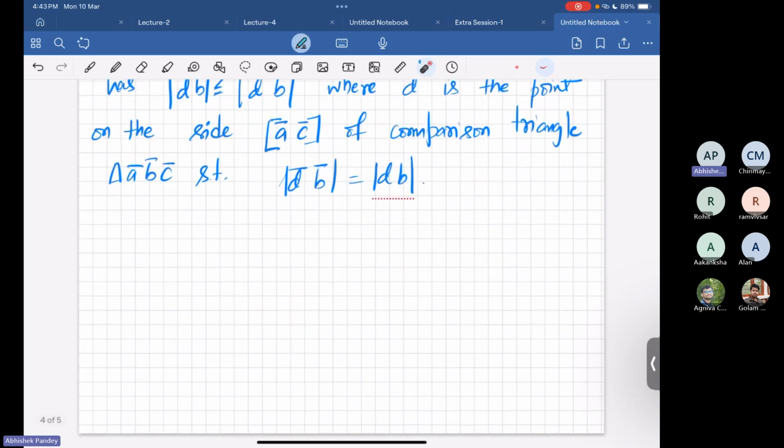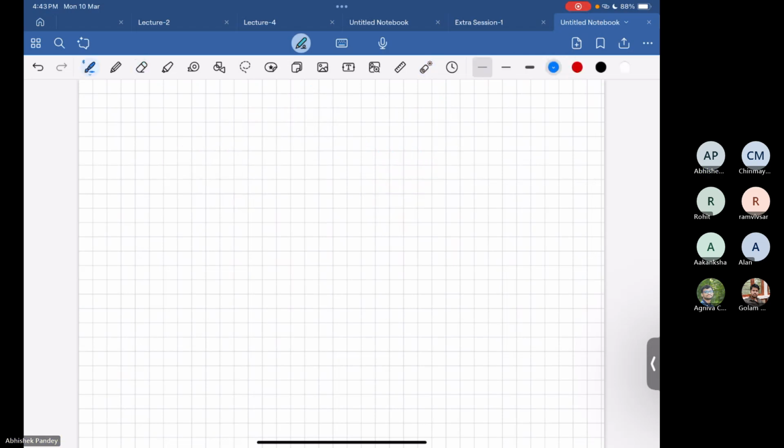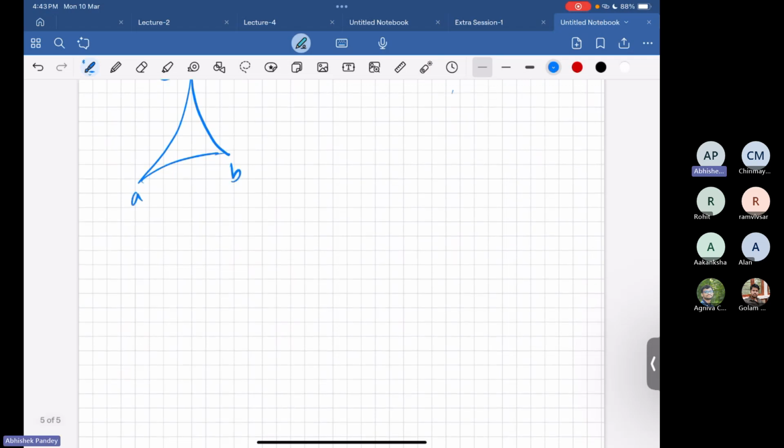So let me just mention. Let us say we have this geodesic triangle A, B, and C, and we have another comparison triangle A dash, B dash, and C dash.